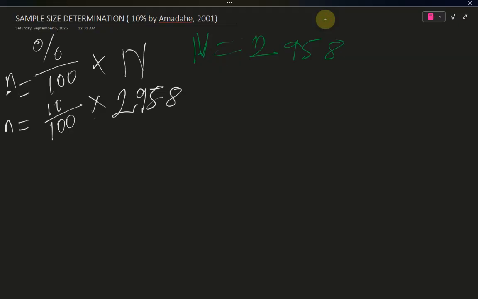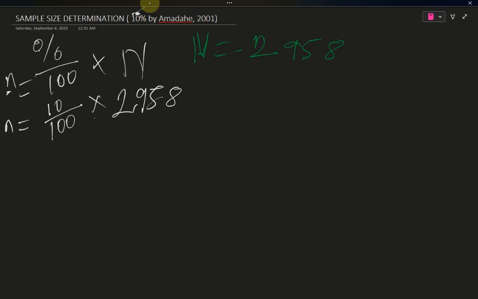Amadahe says that if you have an accessible population, take 10% of the accessible population and use it as your sample.